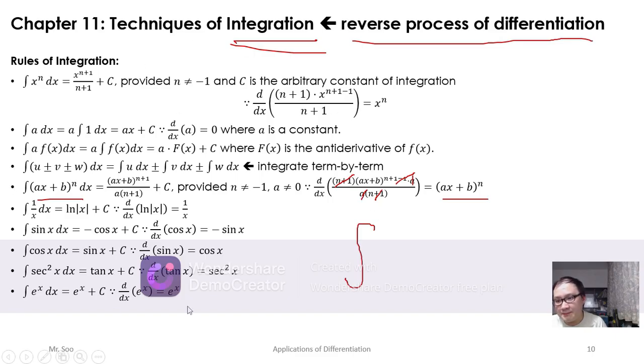Use these rules of integration that I've explained here. Basically integration is the reverse process of differentiation, or like what Charlene said, working backwards. From differentiation you work backwards, you get integration. Just like algebra, expansion and factorization. When you expand two or more algebraic terms, you get one chunk of expression, right?